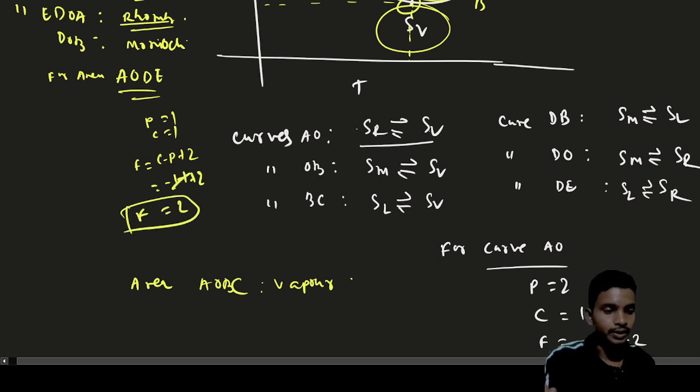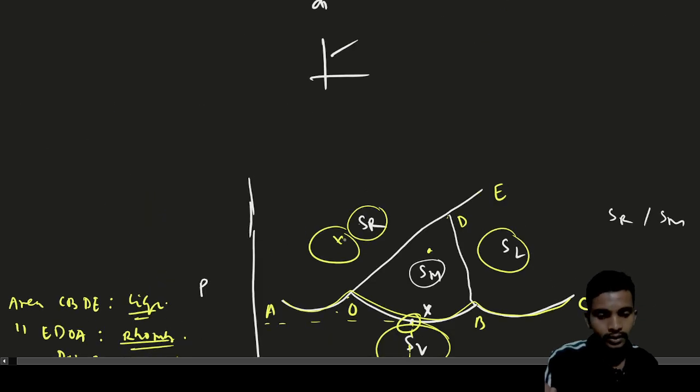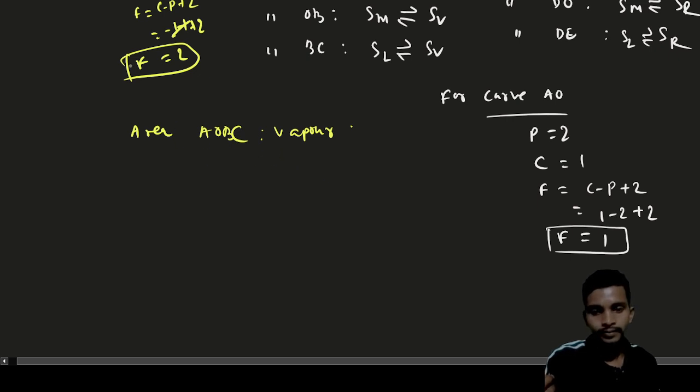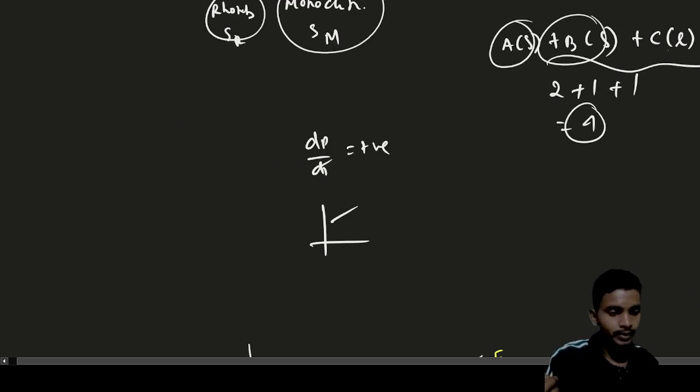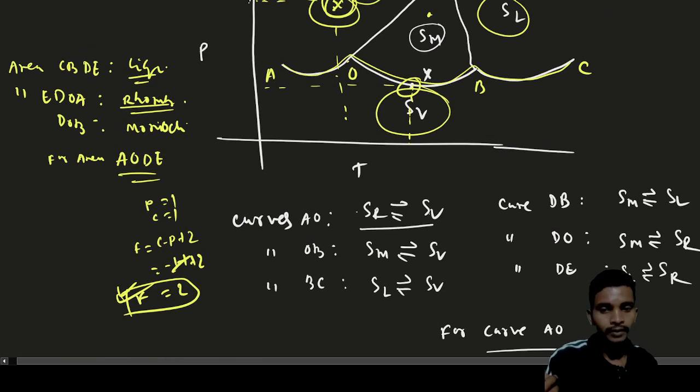So if any point is present in this area or any area, then we need two variables, one for pressure and another for temperature. Similar case we can find for all areas; whenever we calculate F, we will get 2, meaning two variables are needed.